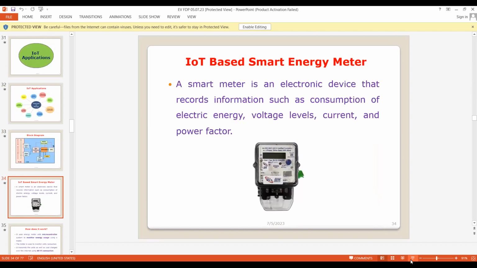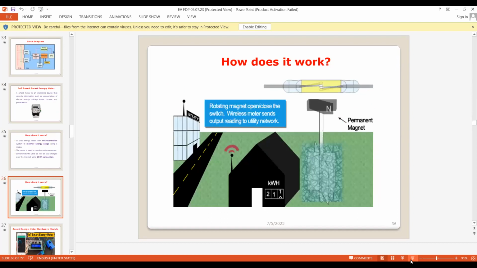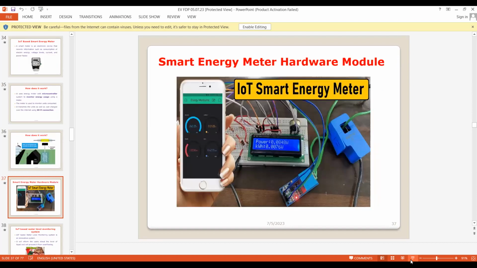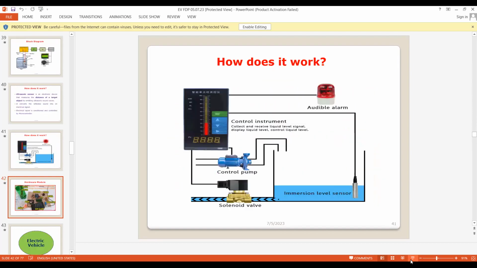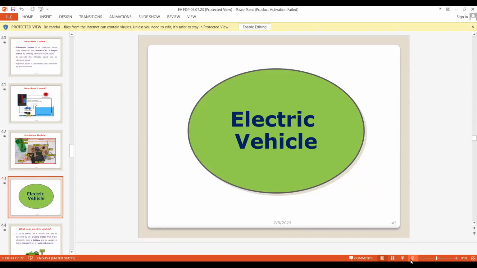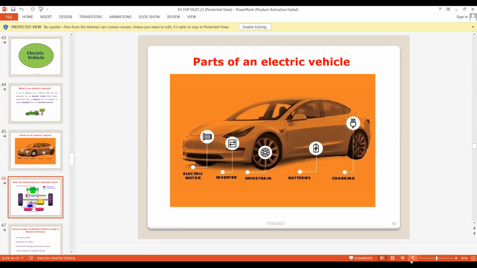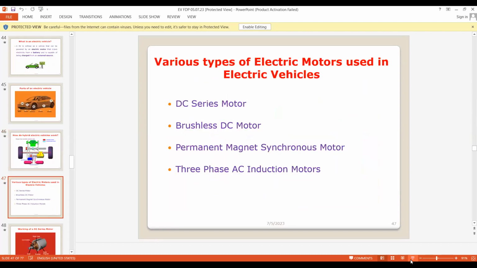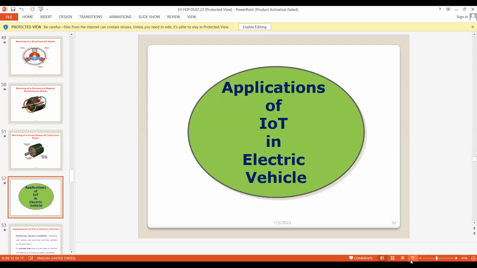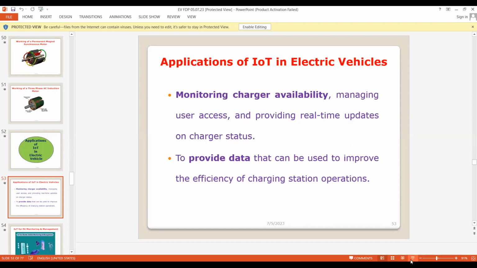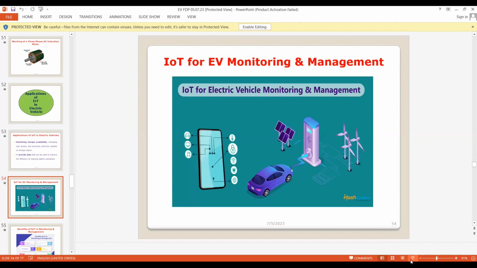Next, where we are using applications, like smart energy: the smart energy meter and water level indicator, and how it connects to the electric vehicle. We can see the hybrid electric vehicle, what motors may be used, and the applications of IoT in electric vehicles.